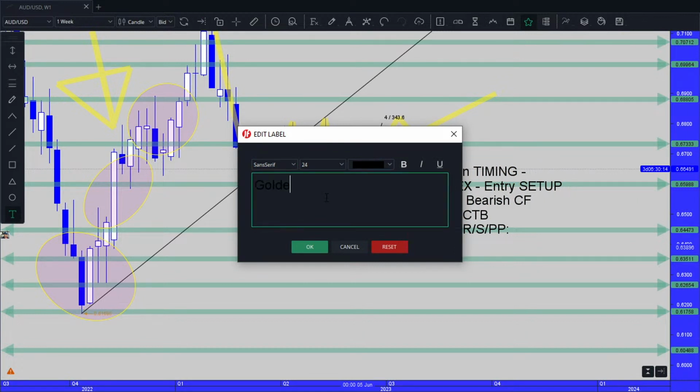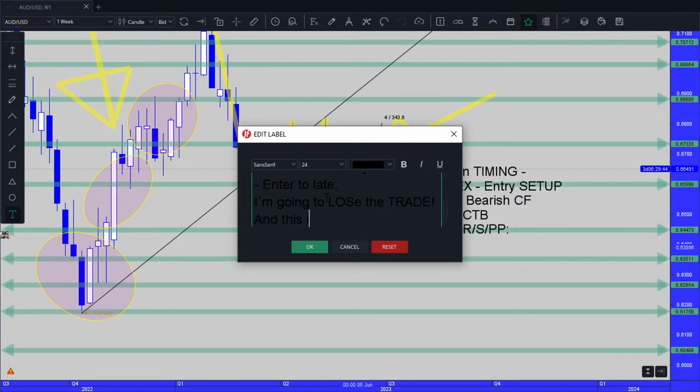So, golden nugget for you. Every single time that I enter prematurely or enter too late, I am going to lose the trade.